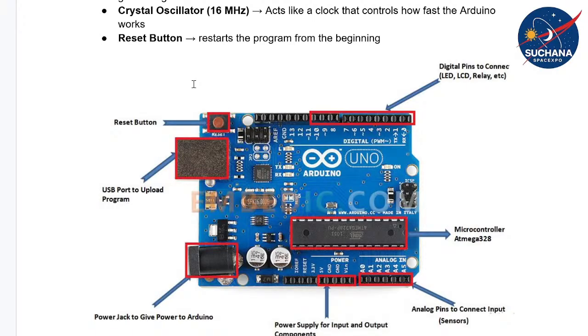Note that I'm saying it's bidirectional, not unidirectional. Uno can communicate with the sensor, and the sensor can communicate with Uno. If it were only unidirectional, then we couldn't build all these things, right? So it's a bidirectional communication.